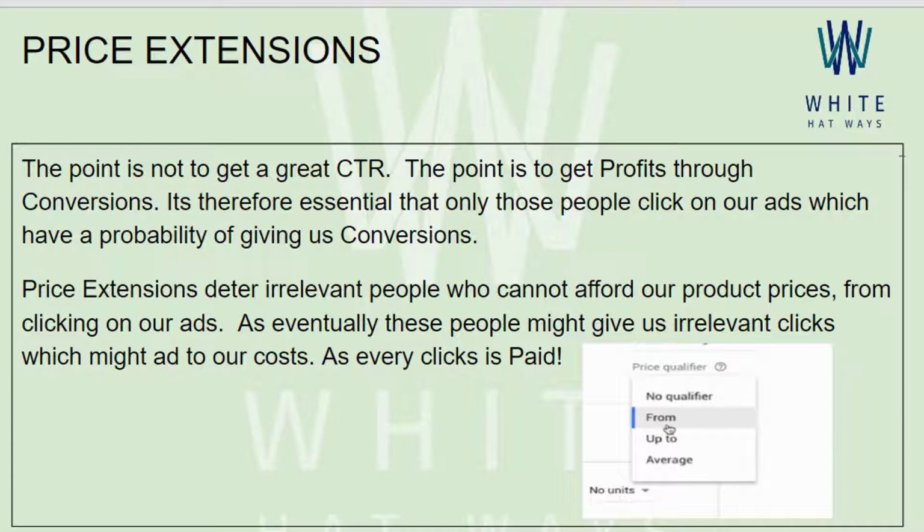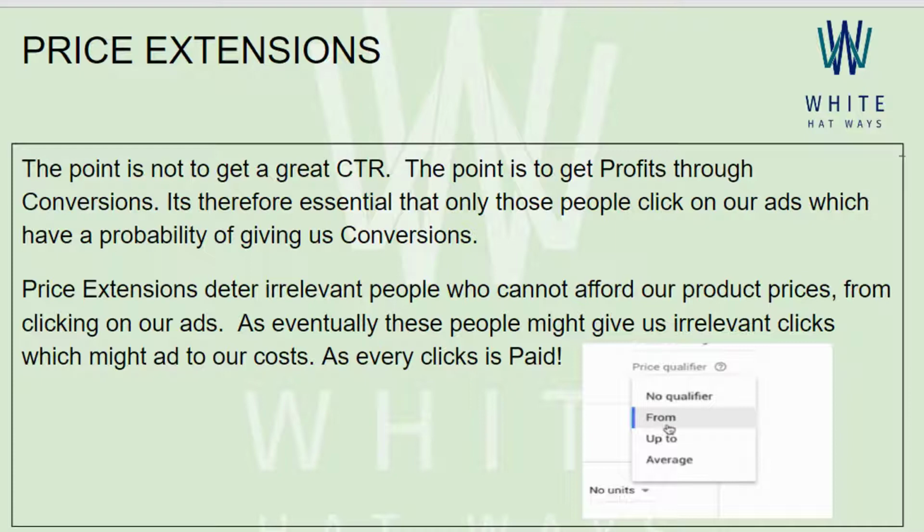So let's go to the slide and see what it says. The point is not to get a great CTR. The point is to get profits through conversions. It's therefore essential that only those people click on our ads who have a probability of giving us conversions.